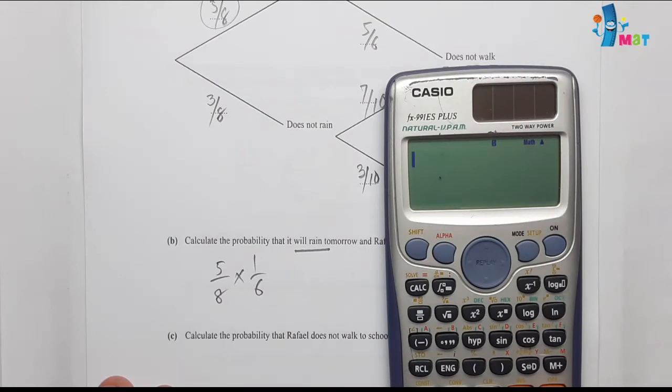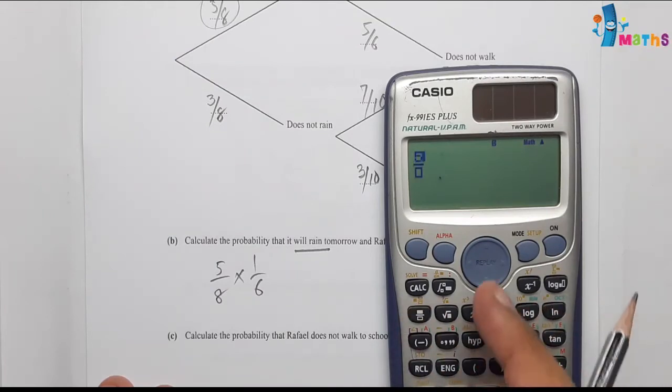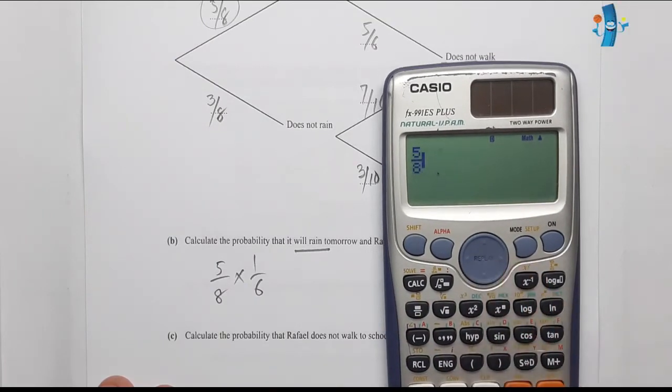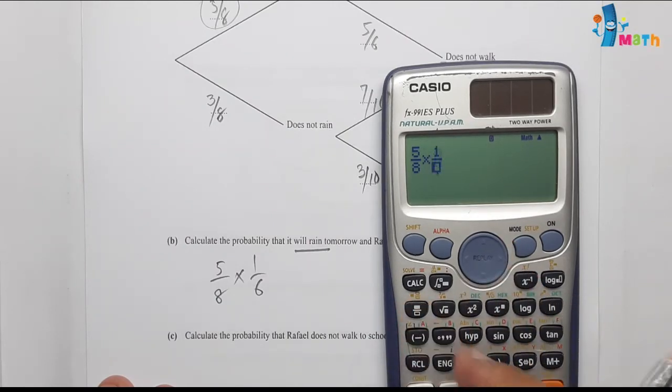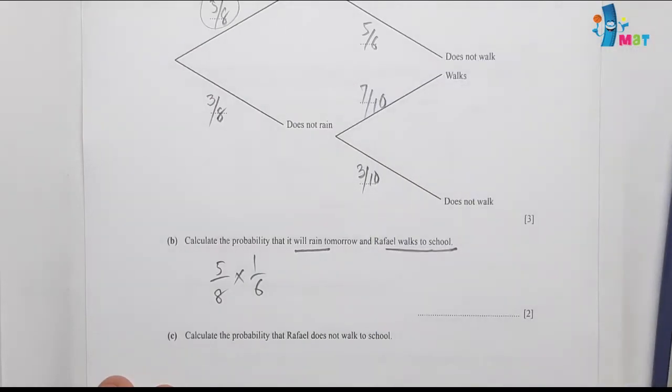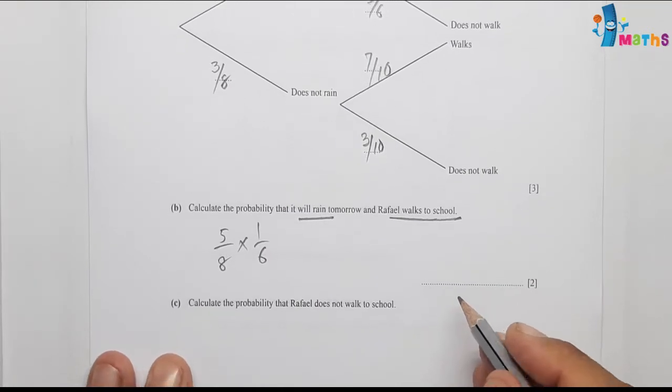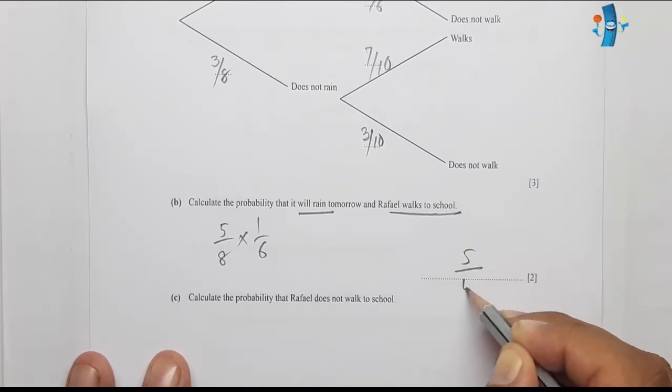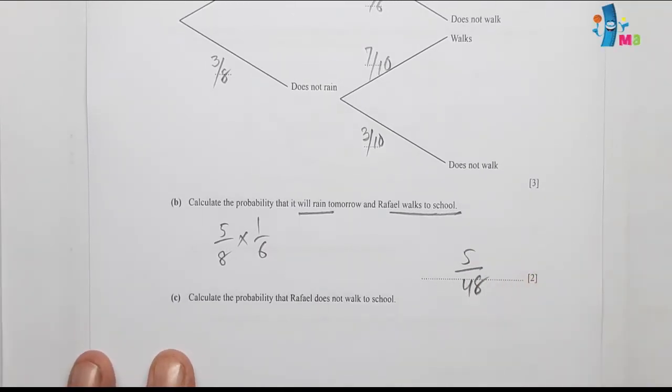So we can calculate this. 5 over 8 multiply by 1 over 6, which is equal to 5 by 48. So our answer will be 5 over 48.